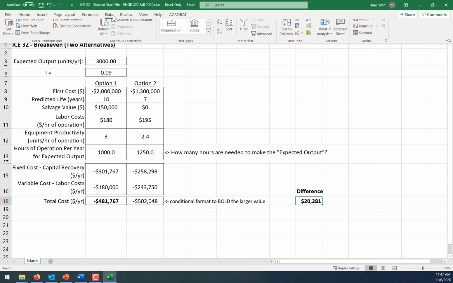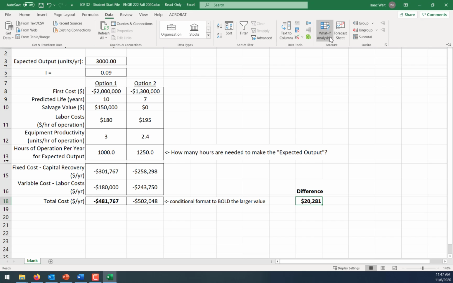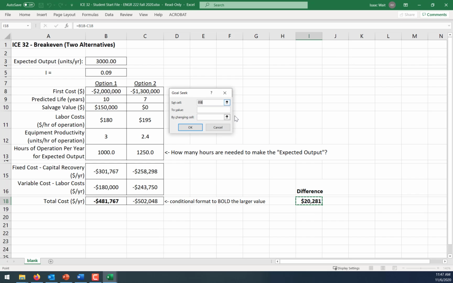So it's on the data tab, what-if analysis, goal seek, and our goal is for the difference to be 0 by changing the number of units. So take a look at how I've set that up. I'm saying set the difference to 0 by changing the output.